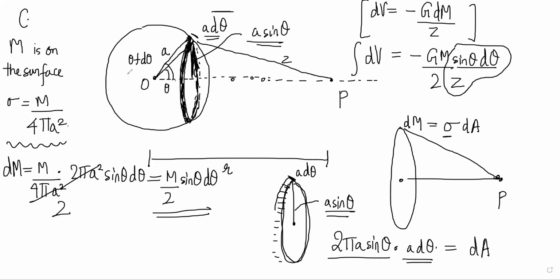For that, he is doing the cosine rule in triangle OAP. If you see triangle OAP, this point is A, this point is P, and this angle is theta.